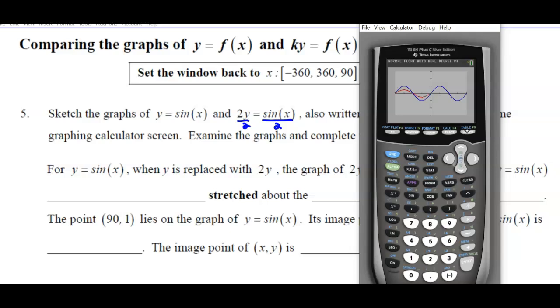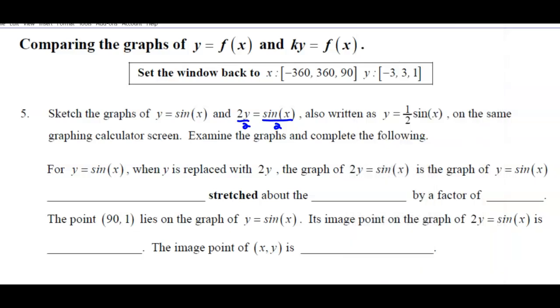Okay, so now, same x-intercepts, but now it's not going as high or as low, right? It's squished vertically. Okay? Now the nice thing about vertical transformations, when you solve for y, it looks like it should be. It's a half in front. So it's half as high as it was to start. Okay? So it's a vertical stretch.